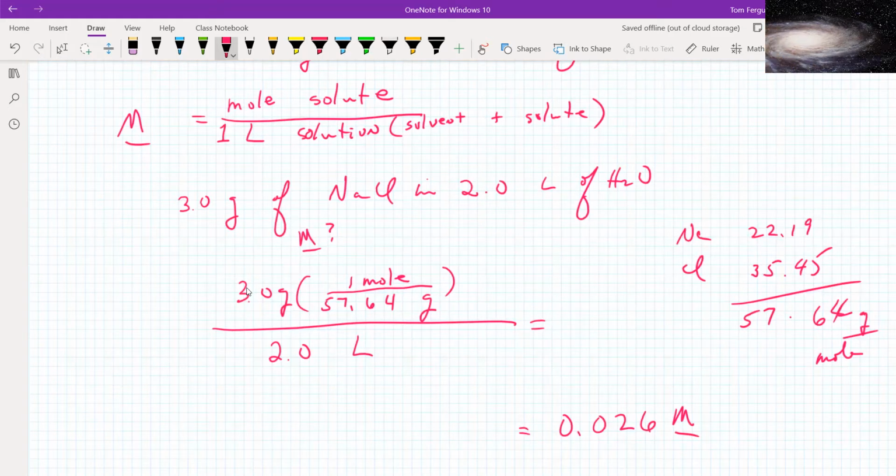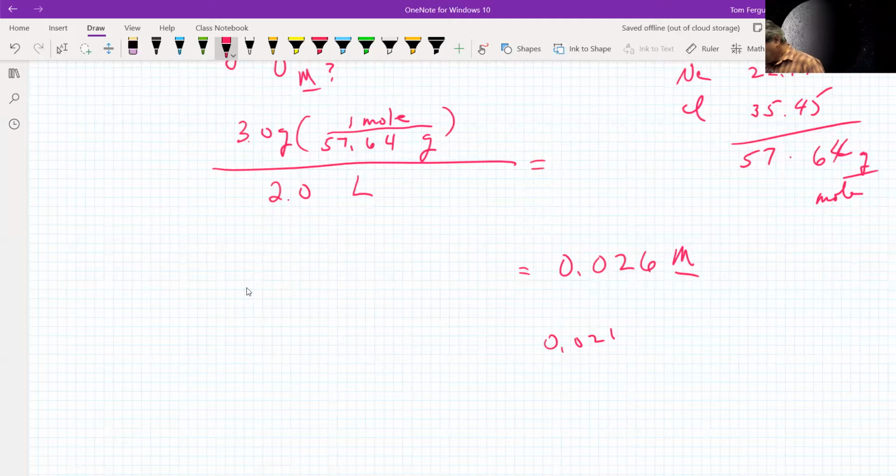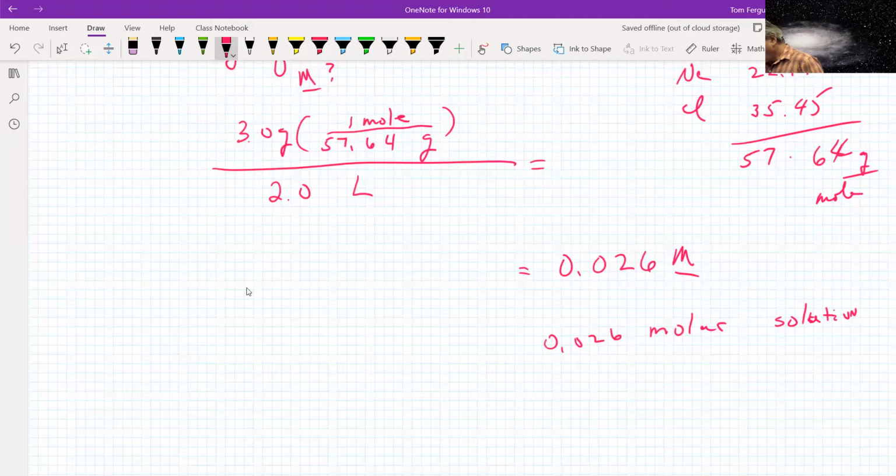Right. Fine. All right. So the way you'd read this would be 26 molar solution.